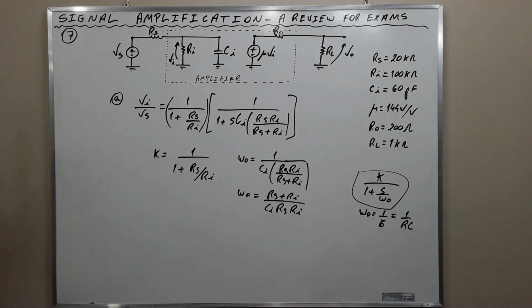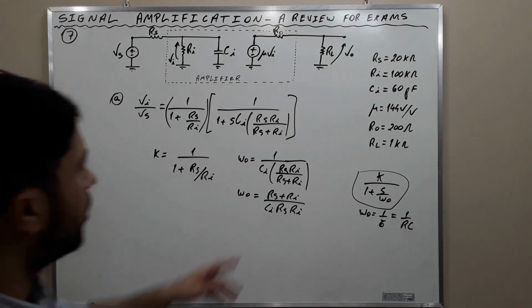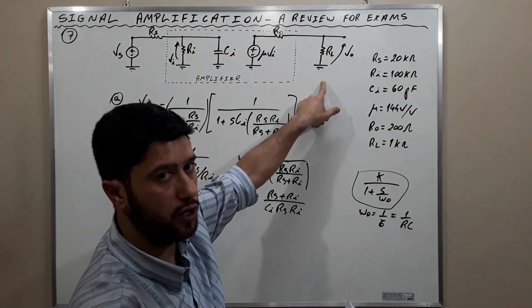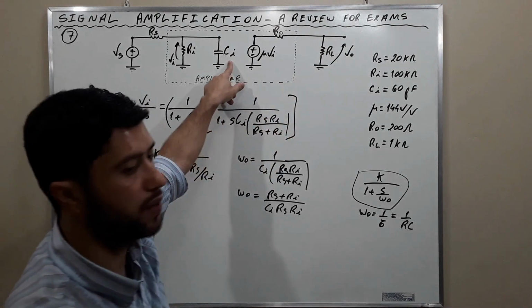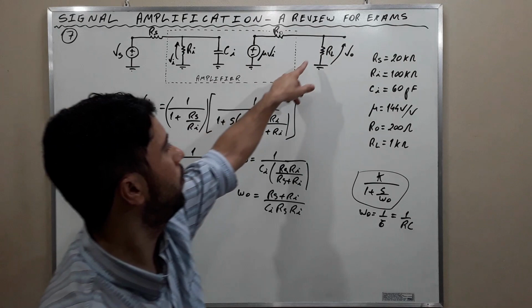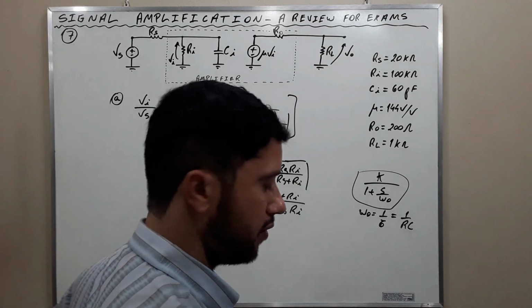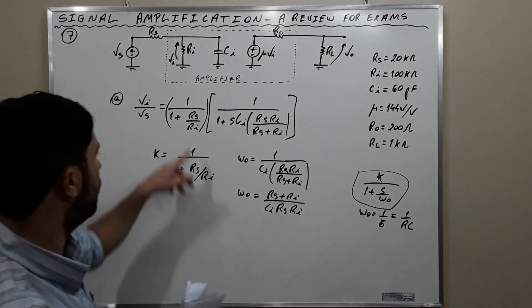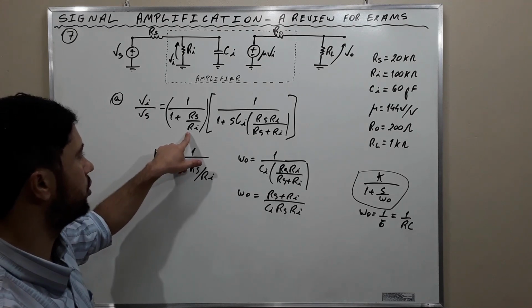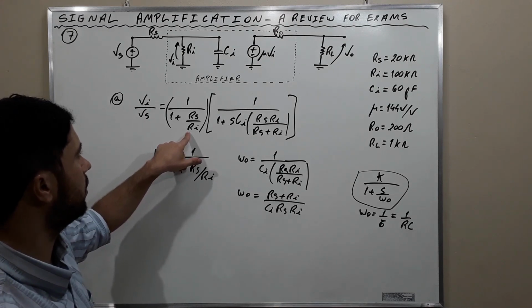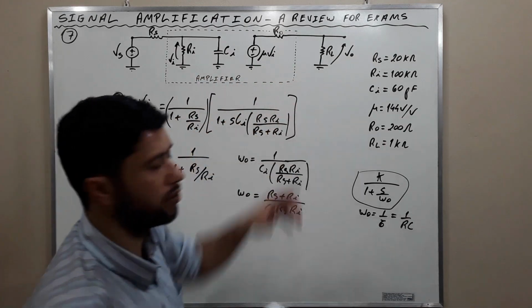Alright? At the output side of the amplifier, it is possible to use the voltage divider rule to write. Okay, now we are going to consider the output side. It is simpler here because we do not have a capacitor as we had here. We have only resistive elements. Okay, hold this, we are going to use it later, but let's forget this side and pay attention to this side now.